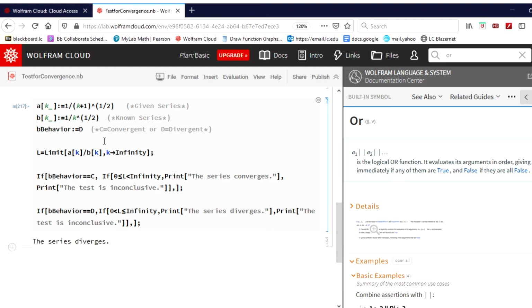Now, let's consider running this test to see if we can get an inconclusive result. What if we say we had k cubed? K cubed we know is divergent, and let's say we were to compare it to k squared, which is also a divergent series.